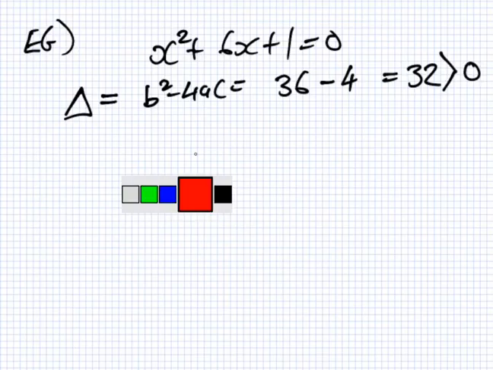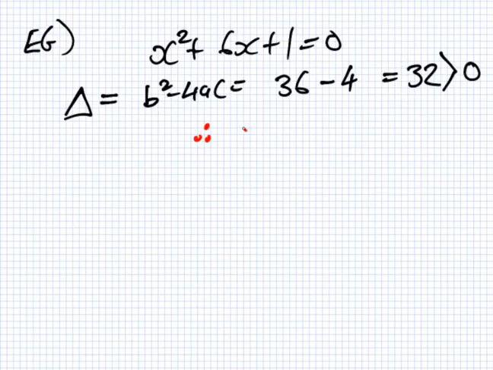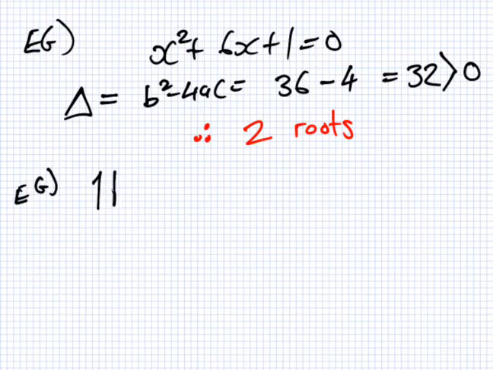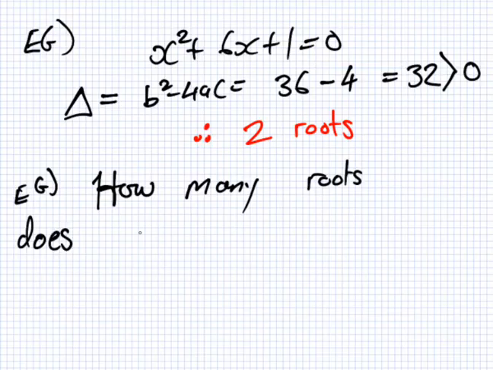Right, let's have a look at some examples here. So for example, if you had a quadratic like this, and I ask you how many answers does it have, you just need to calculate the discriminant, which here will be 36 minus 4, which is 32, which is positive.